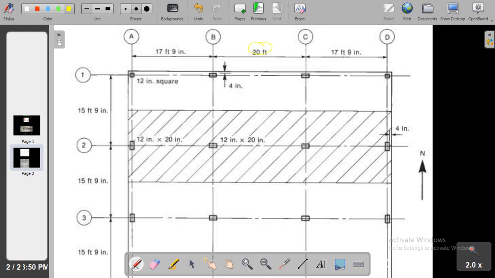Similarly for this one, similarly for this one. So all the panels, this panel, this panel, this panel, similarly this one, this one, this one, all these are the two-way panels.